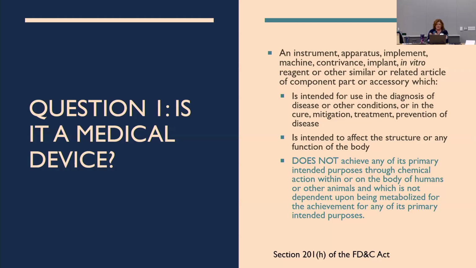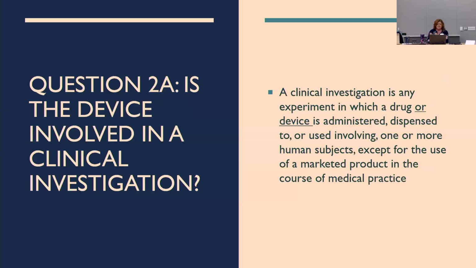All right, so moving on to the next question. I split this up into two questions, really. The first one being, is the device involved in a clinical investigation? And so naturally, we need to ask what the FDA definition of a clinical investigation is. That's what's listed here. Very broad.